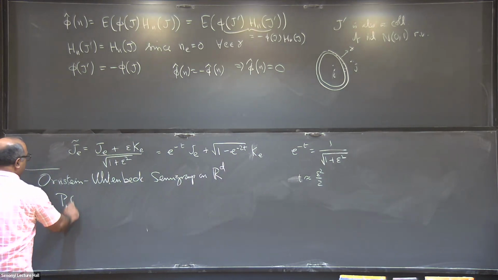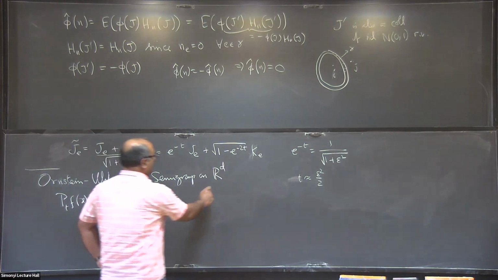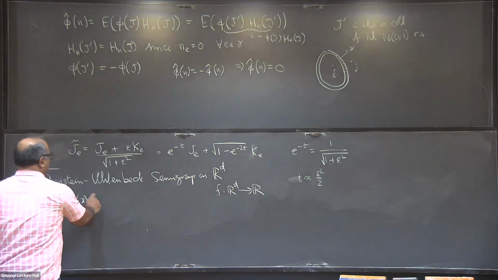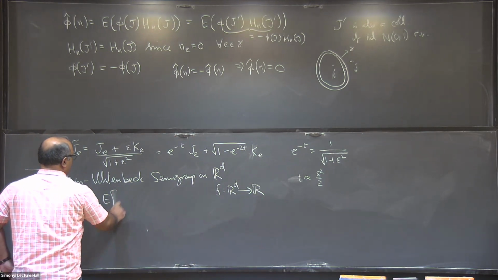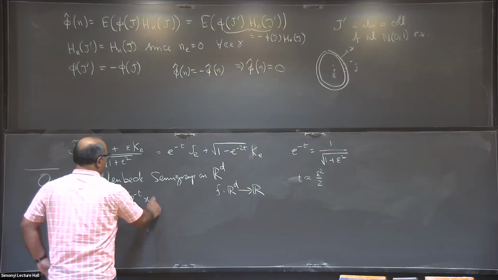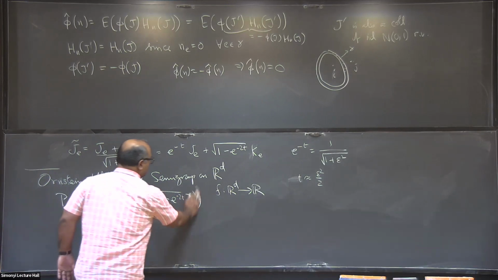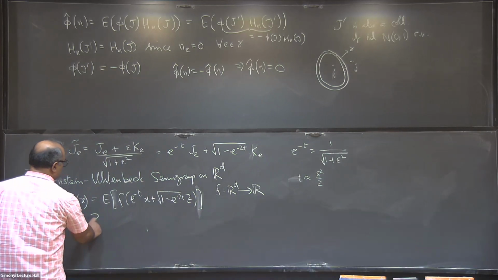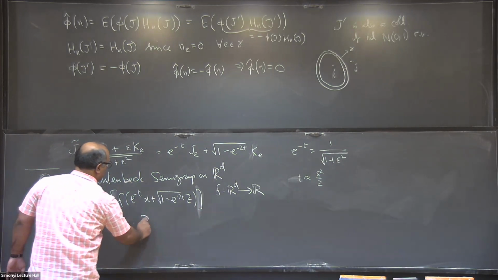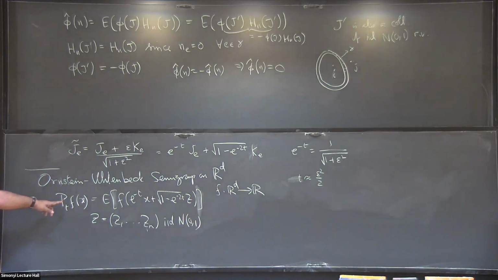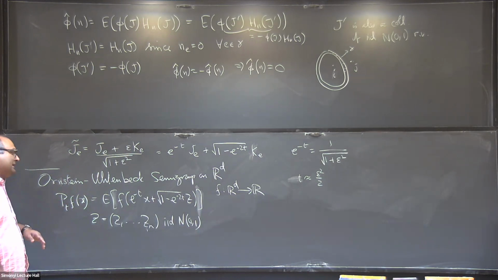You have a function f from R to the D to R. P_t f of x is the expected value of f of e to the minus t x plus square root of 1 minus e to the minus 2t z, where z is a standard Gaussian random vector, an IID normal 0, 1 random vector. If you define it like this, this turns out to be a semigroup: P_{t+s} is P_t times P_s. And this is known as the Ornstein-Uhlenbeck semigroup.